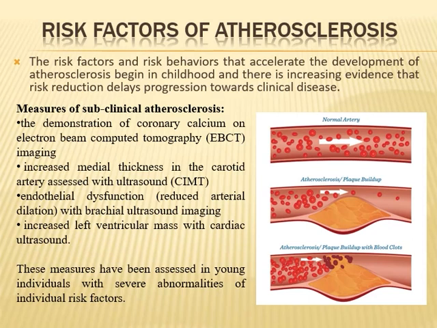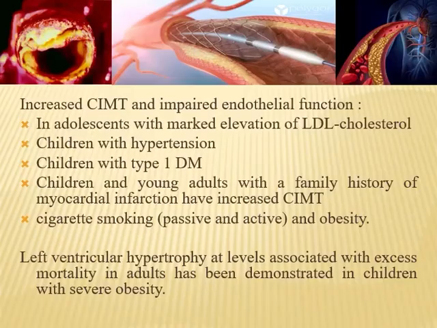Measures of subclinical atherosclerosis have developed, including the demonstration of coronary calcium on electron beam computed tomography imaging, increased medial thickness in the carotid artery assessed with ultrasound, endothelial dysfunction with brachial ultrasound imaging, and increased left ventricular mass with cardiac ultrasound. These measures have been assessed in young individuals with severe abnormalities or individual risk factors.